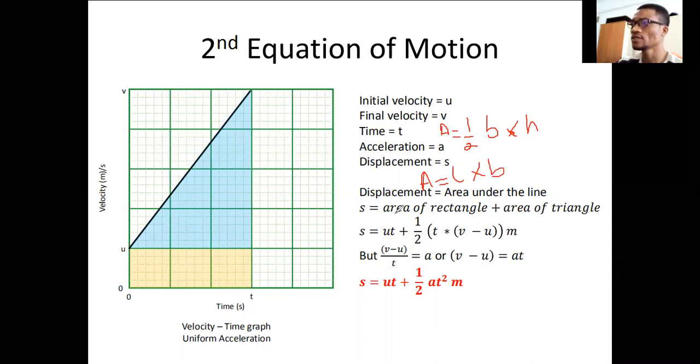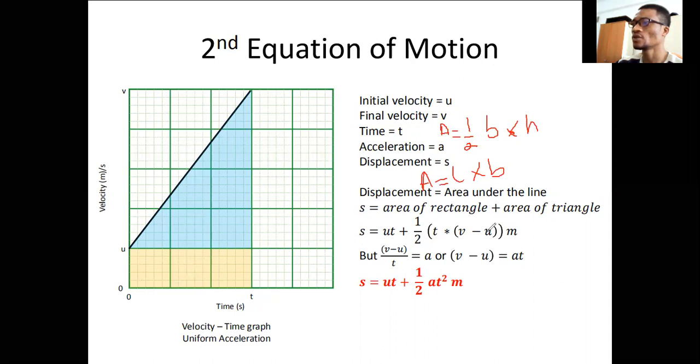So the area of the rectangle: here is our length, and then we've got the breadth here, which is T times U. That is the area of the rectangle, T times U, plus the area of a triangle, half times T bracket V minus U. That is change in velocity.